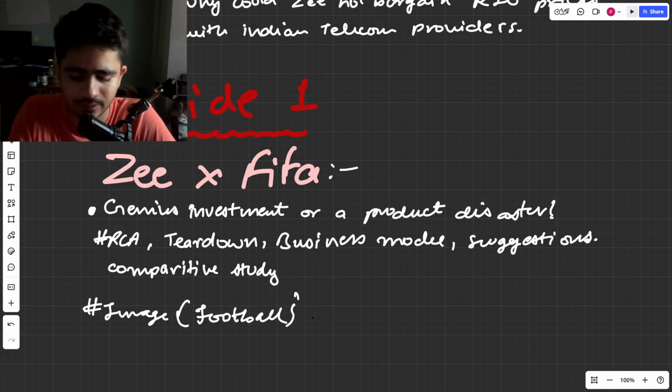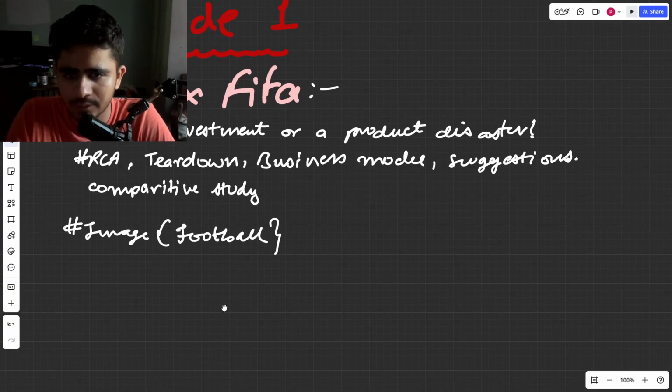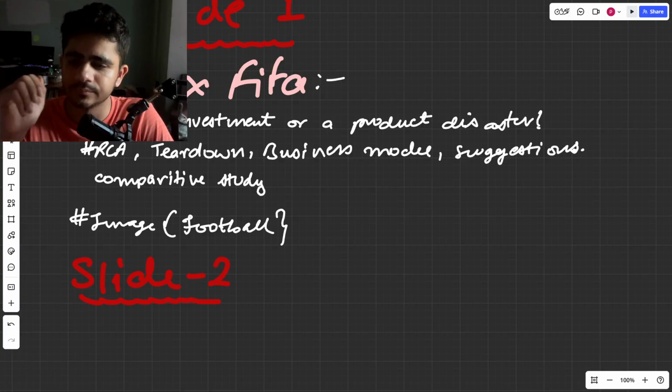And I think design is secondary. I've already wasted so much time designing things for my web page, so I'll keep it simple. Okay, I think we can come to slide 2.